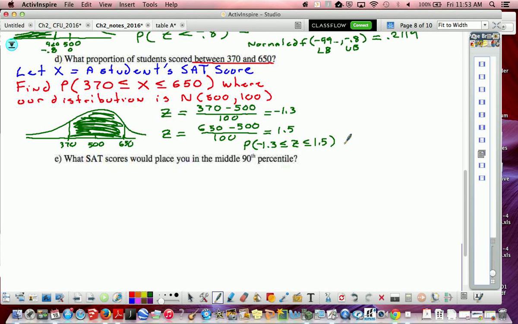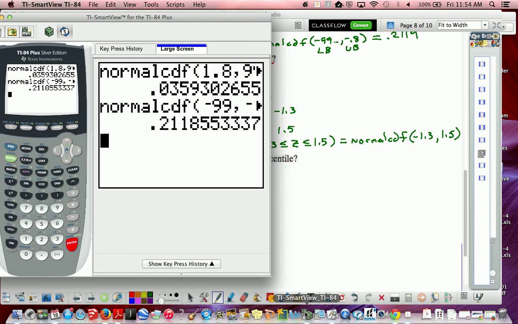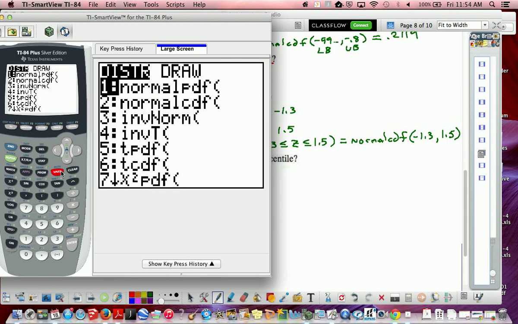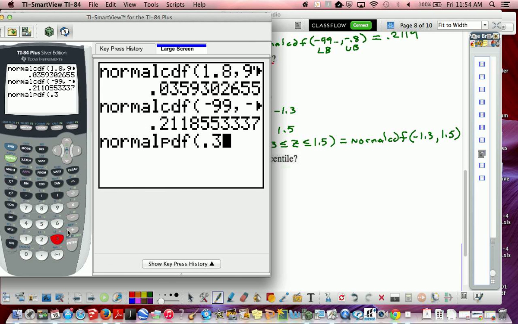So, to calculate this on my calculator, I'm going normal CDF from negative 1.3 to 1.5. So second VARS, normal CDF, negative 1.3. Oh, didn't take my 1 for some reason.